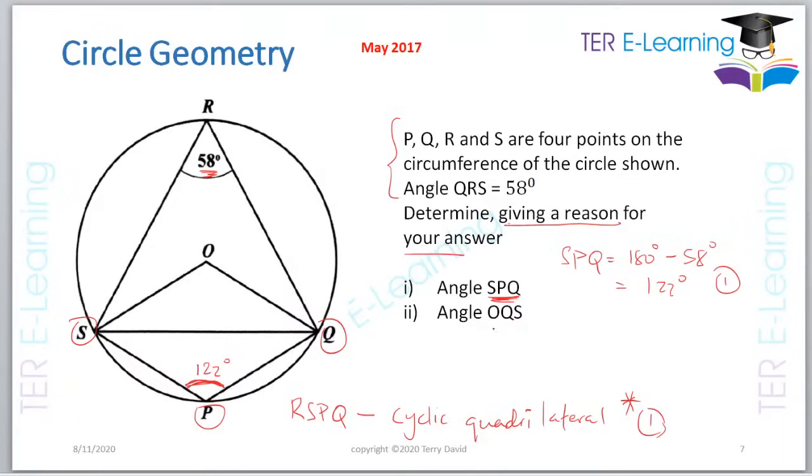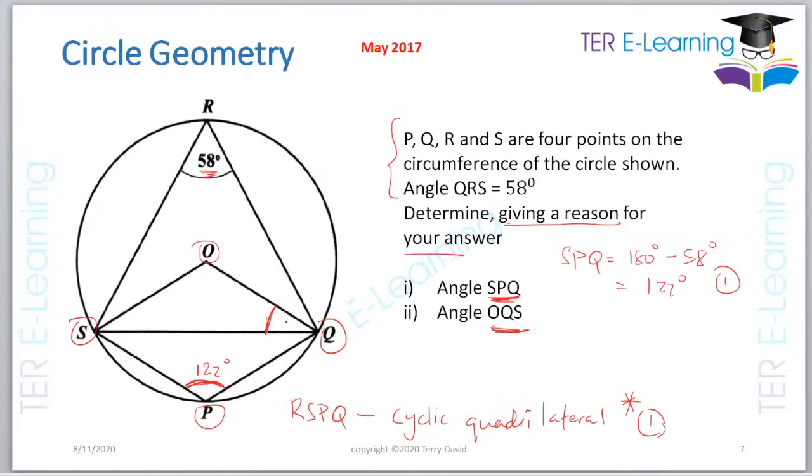Now, part 2, they want us to calculate OQS. So let's look and see where angle OQS is first of all. We have O, that's the center of the circle, that's here, and QS. So the angle they want us to find is this angle here. So take a look at the diagram.